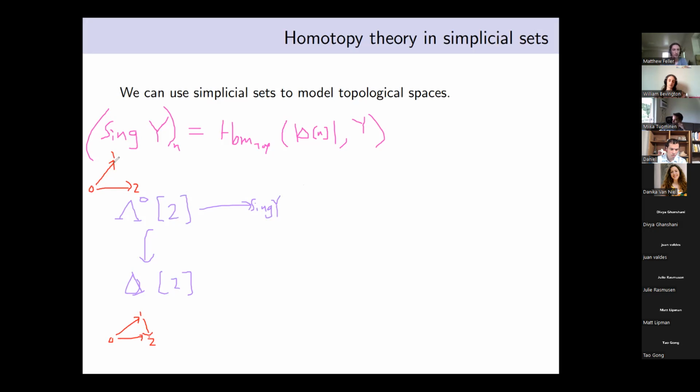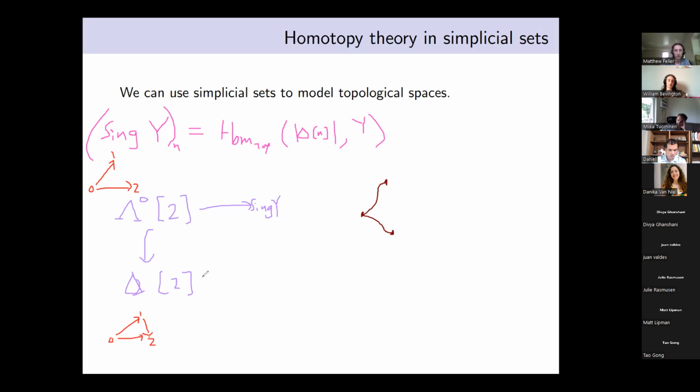And so what this is in Sing Y is a choice of one simplex and another choice of one simplex, which agree on this edge here. What that looks like in Sing Y is some path and some other path, which both agree here.